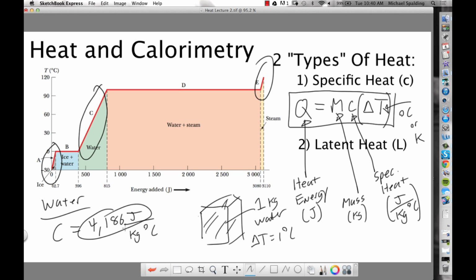So the specific heat is telling us how much energy is required per kilogram per degree Celsius. Does that make sense?